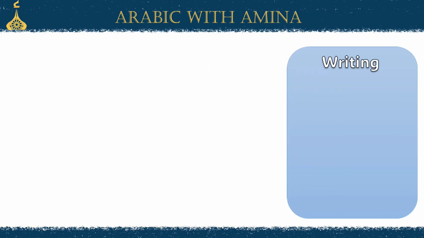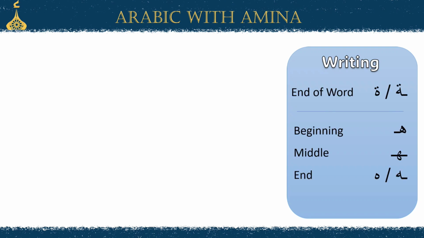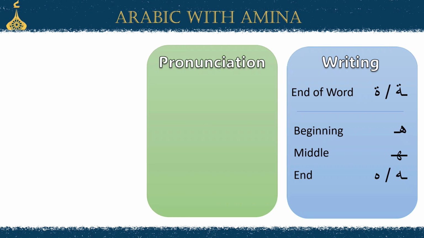Let's quickly recap the main differences. Writing. Ta marbuta is only at the end of a word. Ha can appear at the start, middle, or end. The second difference was pronunciation. Ta marbuta can sound like ha or ta, depending on context.